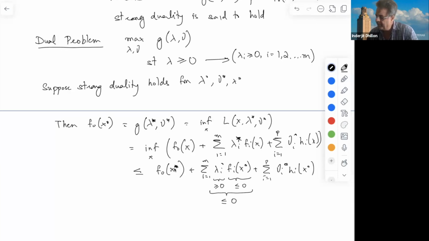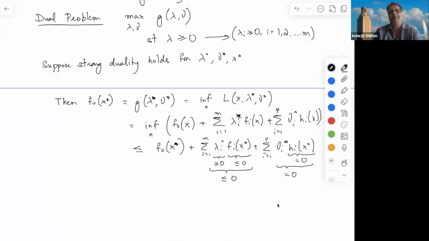Similarly, I don't have any constraint on nu i, and you're seeing the reason why: h i of x star is equal to 0, because x star is primal feasible, and as a result this whole quantity is equal to 0. So what I have is f naught of x star, and then something which lowers the value, something which is negative. So this whole quantity is less than or equal to f naught of x star.